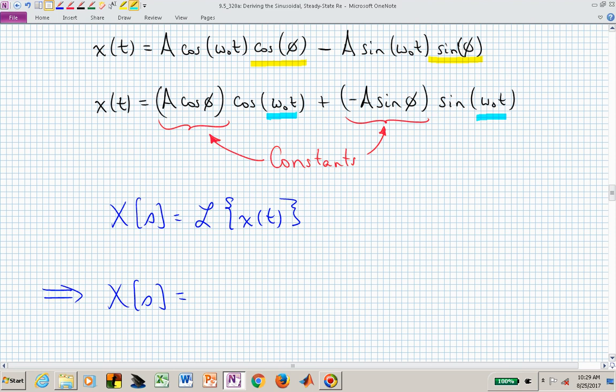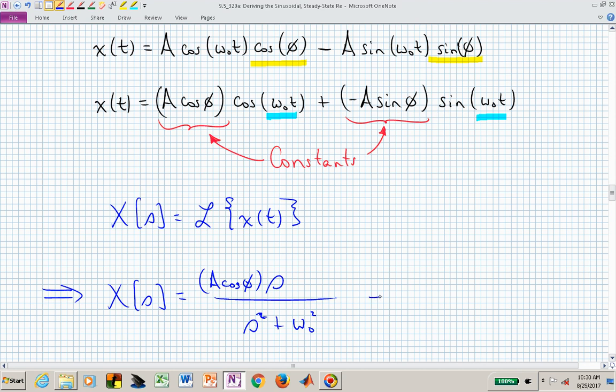Let's now Laplace transform little x of t, and hopefully you remember what that is. Now we can simply Laplace transform cosine omega naught t, and that is now just s over s squared plus omega naught squared, but we have to weight that by a cosine of phi.